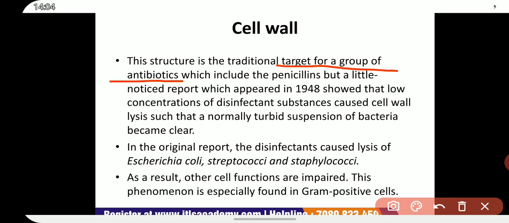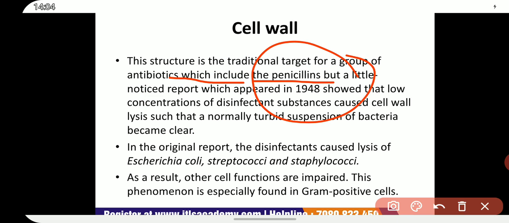Many antibiotics work by degrading the cell wall, which includes penicillin. Penicillin is an antibiotic that works by degrading the cell wall, and it inhibits the synthesis of peptidoglycan, which is a major component of the cell wall of bacteria.